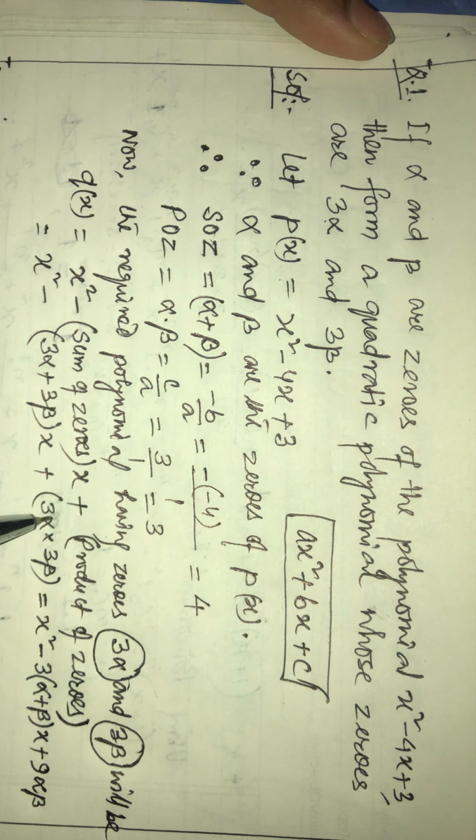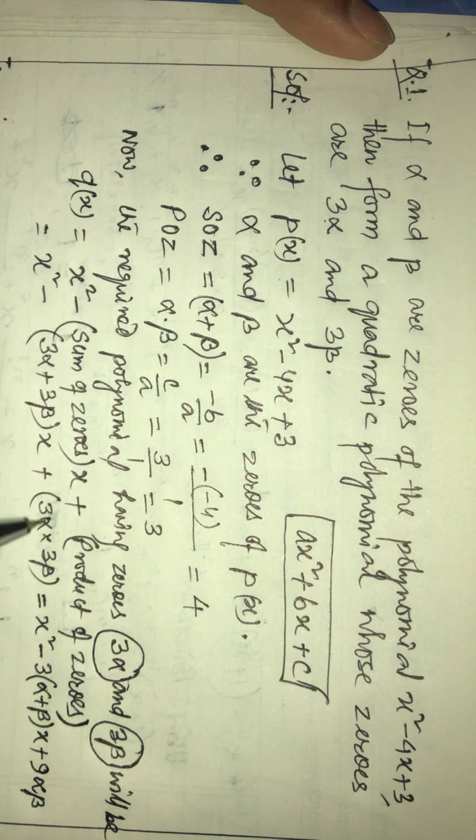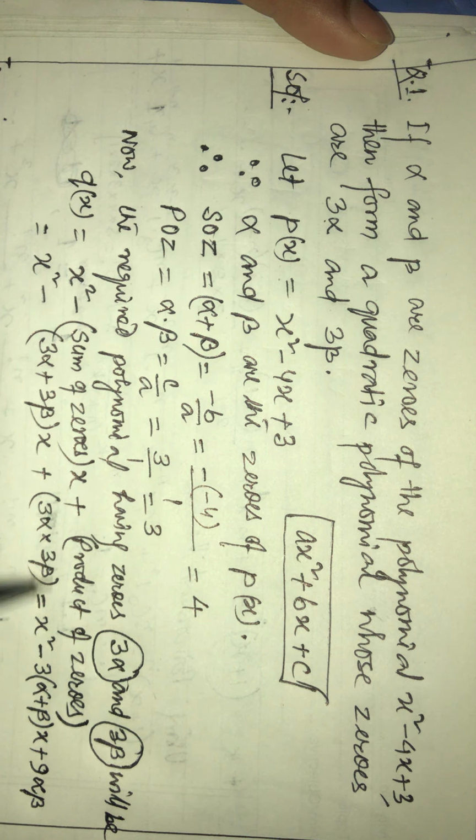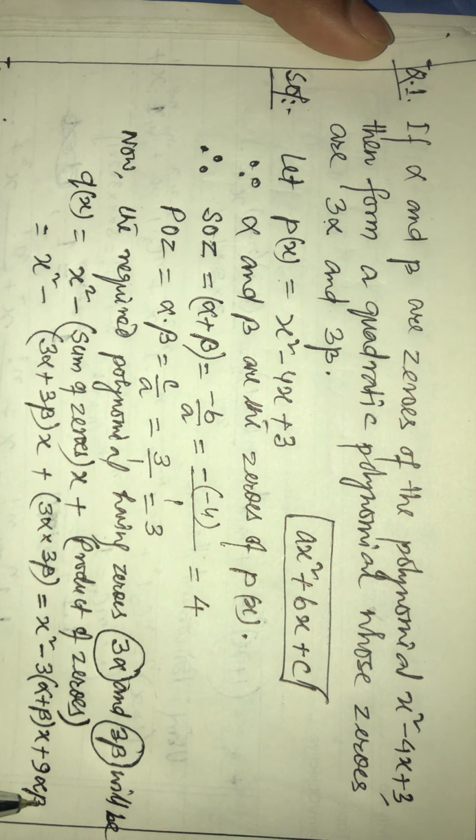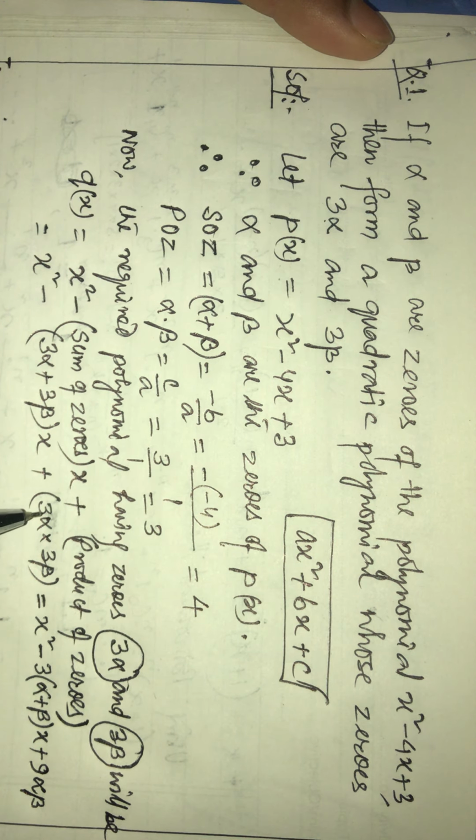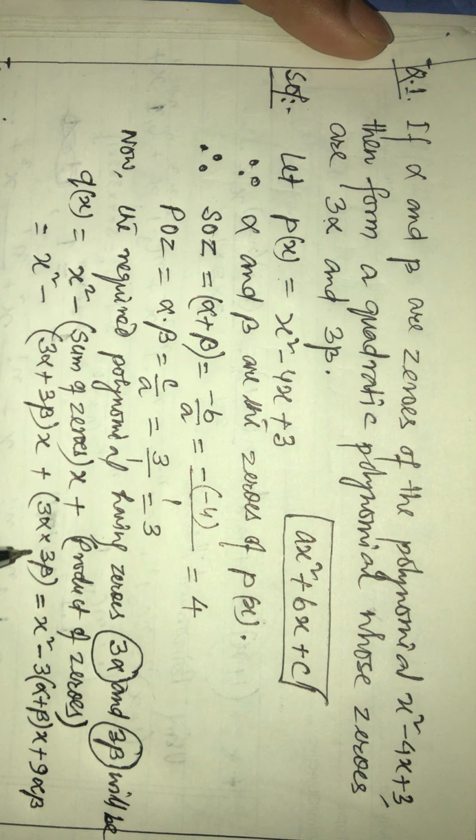So when we multiply, you don't need to multiply each of the terms. Number and number will multiply: 3 into 3 will get 9, and alpha and beta will get alpha into beta. It's not like you will multiply 3 with 3 and 3 with beta, and again alpha with 3, alpha with beta. That rule you should remember.